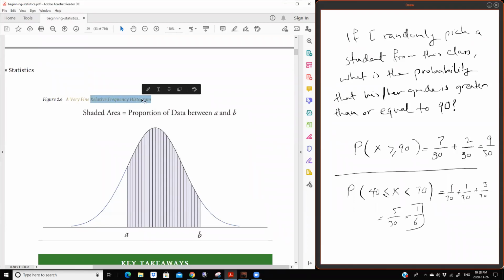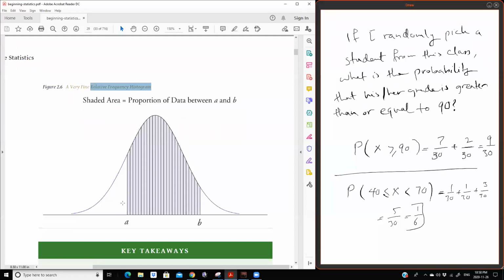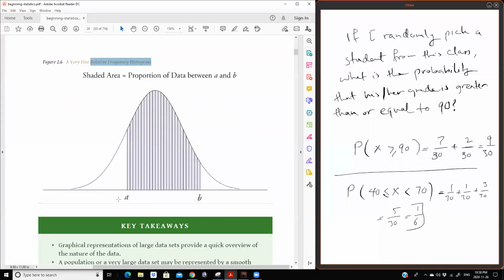Not for a frequency histogram, but for a relative frequency histogram, there is this relationship. The proportion of the data that are between A and B is going to be the same as the area shaded here, just like the example we calculated here. Make sense? Any questions about this one?